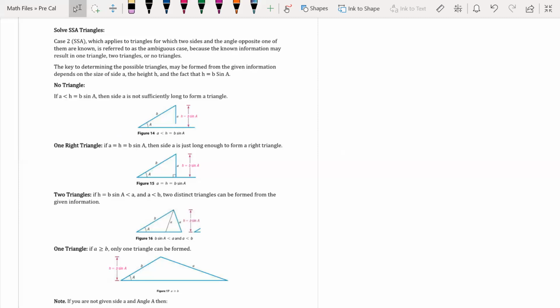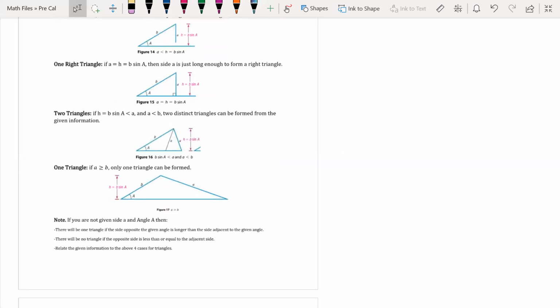This means we get a right triangle. We'll have 2 triangles if the height is less than A and side A is less than B. If this is the case, then we have two distinct triangles. And then we'll have one triangle if side A is greater than or equal to B, then only one triangle can be formed.